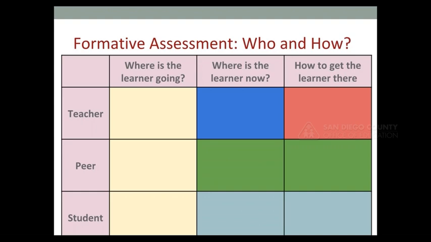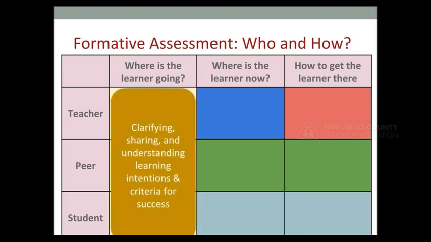I'm sure many of you are familiar with this graphic. It's from Embedded Formative Assessment by Dylan William. But as we see here on the left, these are all of the different roles and different people involved in formative assessment. And at the top we see the 3 questions from Dylan William that really frame the entire learning process. So we first need to make clear where the learner is going. We then need to help students determine where the learner is now and then figure out how the learner should get there.